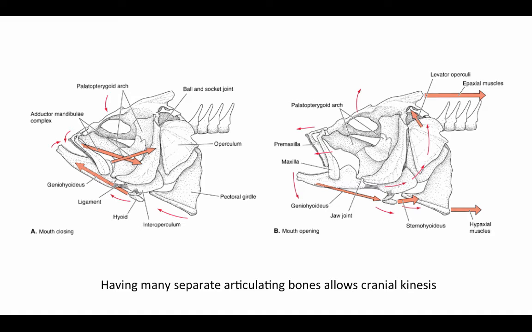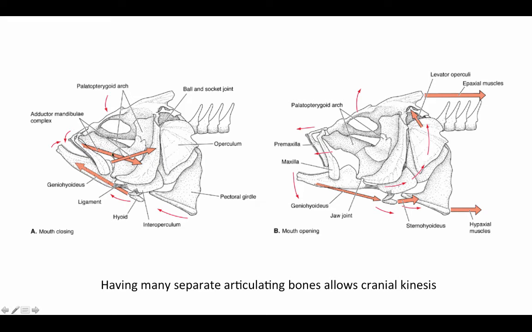We'll see a very dramatic example of this in class. And it's operated by that four-bar linkage system that you read about in your book. So these large arrows represent the muscle forces that are applied to the different linkages in that four-bar linkage.